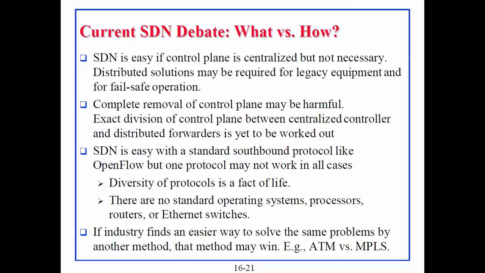It probably really is for our discussion as far as cloud computing, but in other applications, sometimes you can actually have a distributed or partially distributed control plane, which you may need to bring in legacy equipment or to have a fail-safe operation. You usually have to have at least some sort of backup with your control plane, because if you lose access to that, then you're going to bring your whole network down.